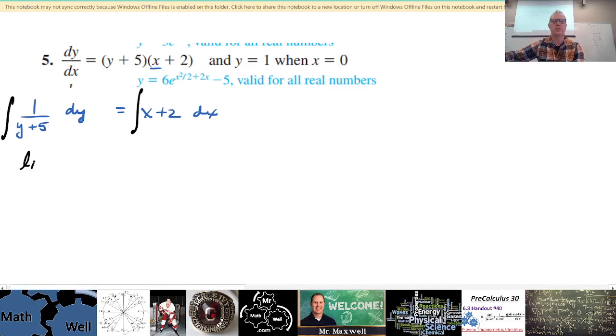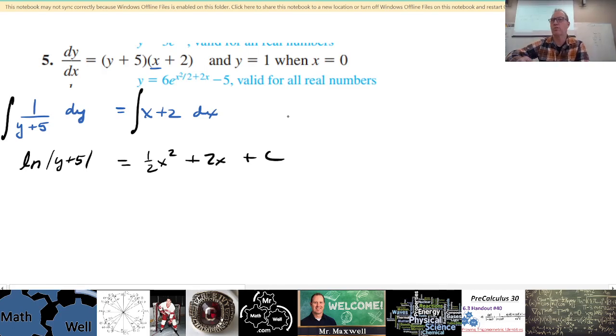This is going to be natural log, absolute value y plus 5. And there's no number in front of y or anything, so it's just that, right? The derivative of y is 1, so we don't have to divide by anything like that. On the other side, we have 1/2 x squared plus 2x plus c.